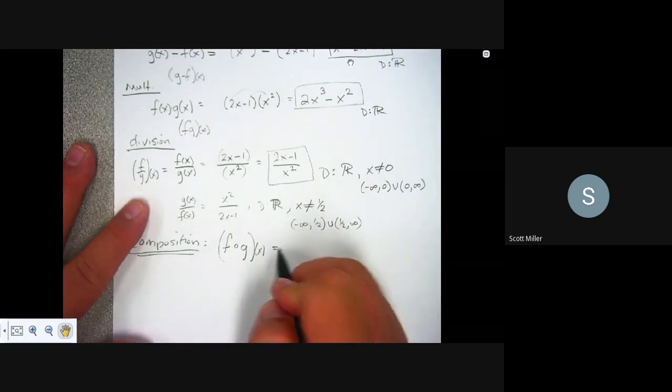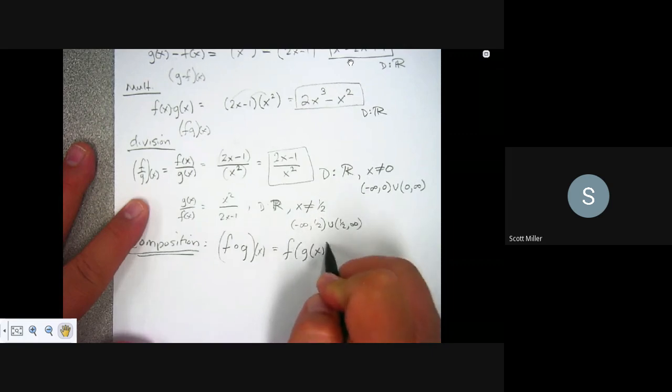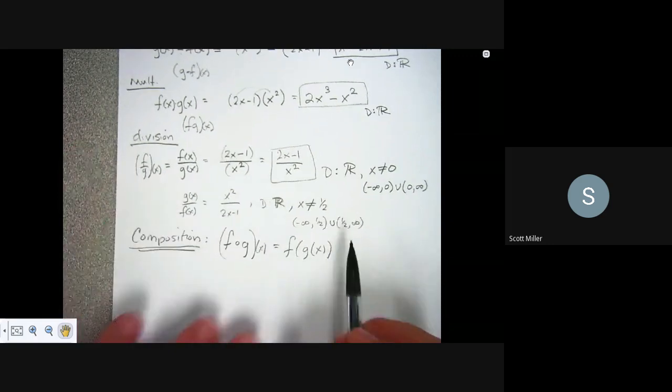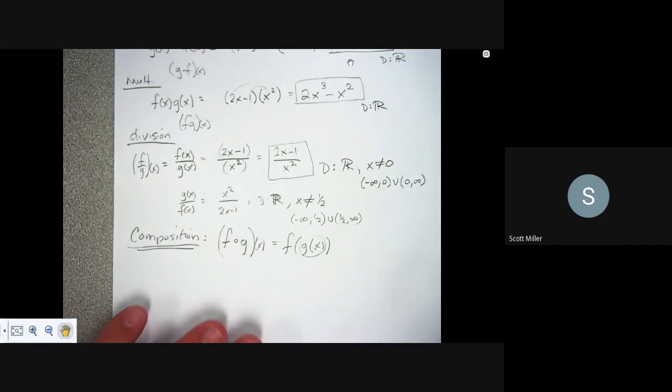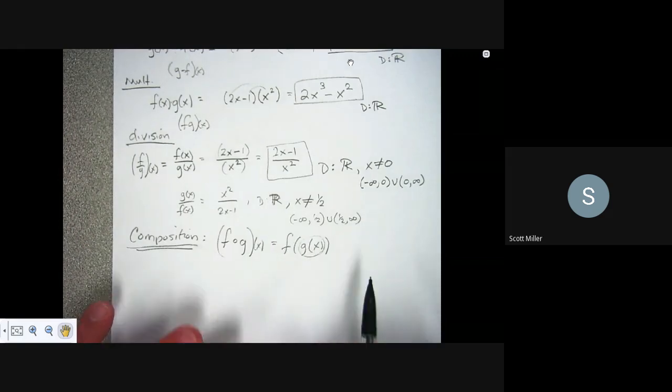I prefer this method: f of g of x. And I like this one because I can see clearly that g is an inside function. I have an inside function and an outside function, and g is the inside function. It makes it a lot easier.